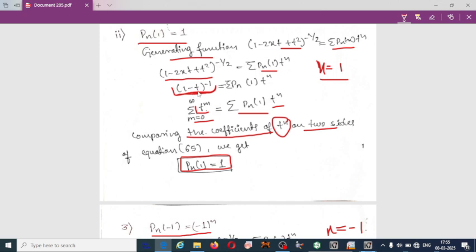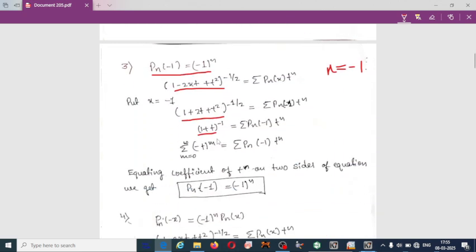Earlier we got 1 minus t to the power minus 1, here 1 plus t to the power minus 1. The RHS is Pn of minus 1 times t to the power n. In terms of power series, we can write it as minus t to the power m equal to summation Pn of minus 1 t to the power n. If we equate the coefficients of t to the power n on two sides of the equation, we get Pn of minus 1 equal to minus 1 to the power n. This is the solution.